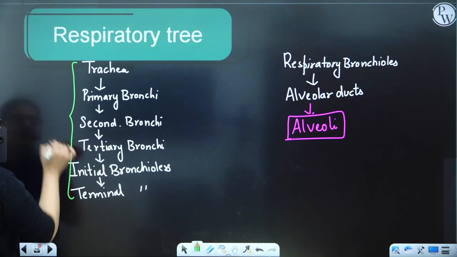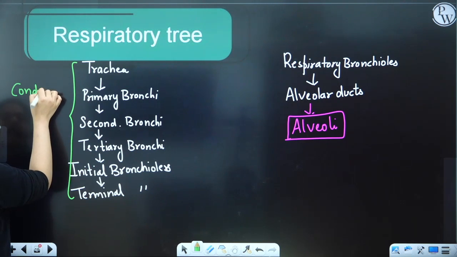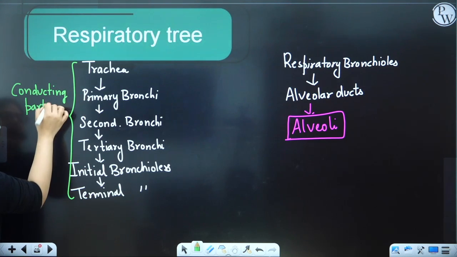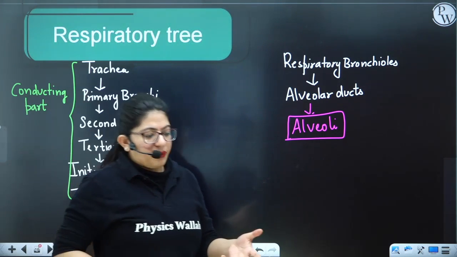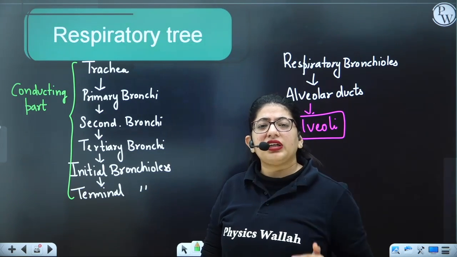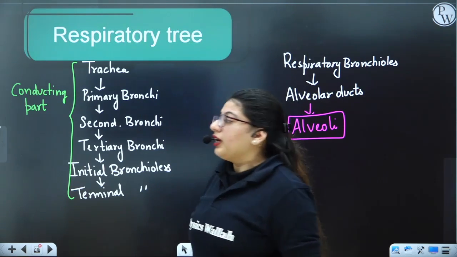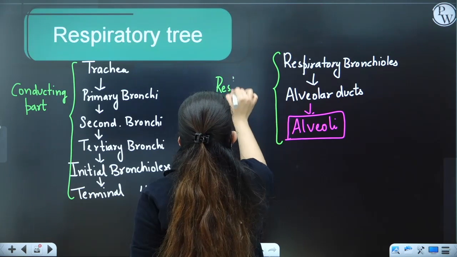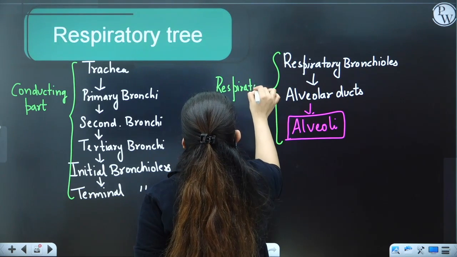Now, right from your trachea up to your terminal bronchiole is your conducting part. What is this? The conducting part. Wherever the word conducting comes, that means it is allowing the entry or exit of something. So all the rest is the respiratory part. What's the difference?